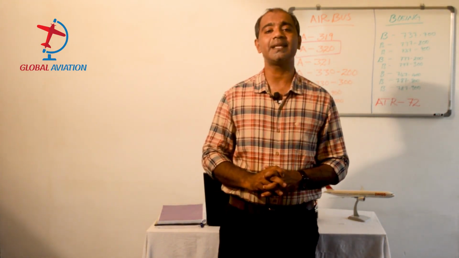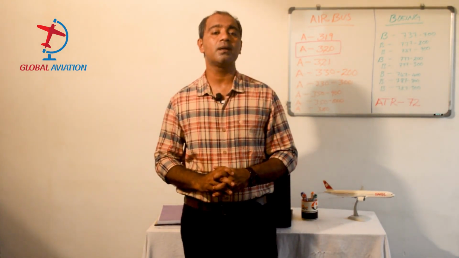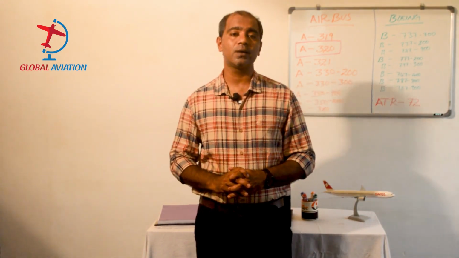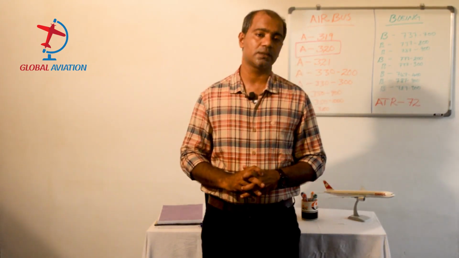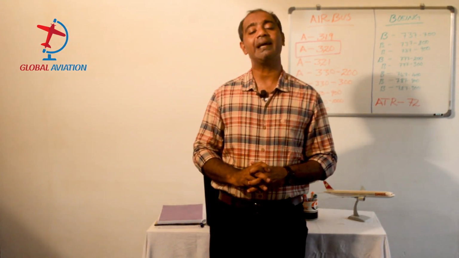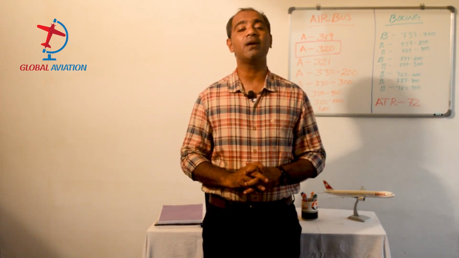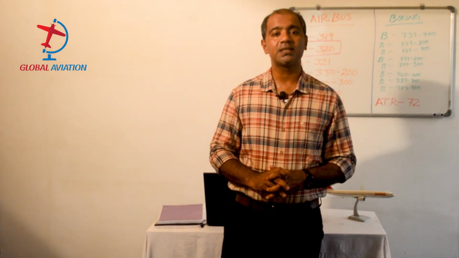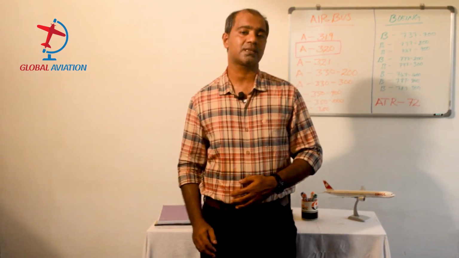For Airbus 320, you can see compartment 1 and compartment 2 in the forward hold, compartment 3 and compartment 4 in the aft hold. The compartments are again divided into net sections: net section 11, net section 12, net section 13, net section 31, net section 32, net section 41, net section 43.